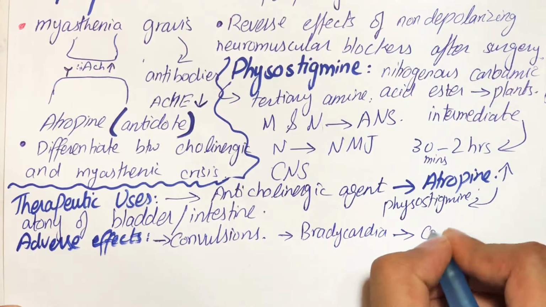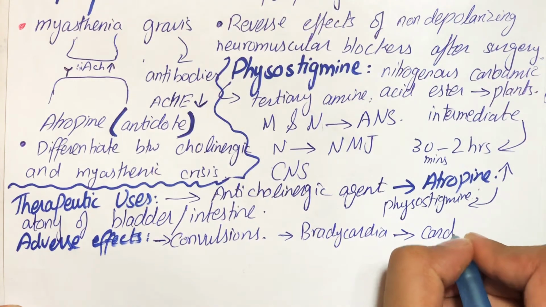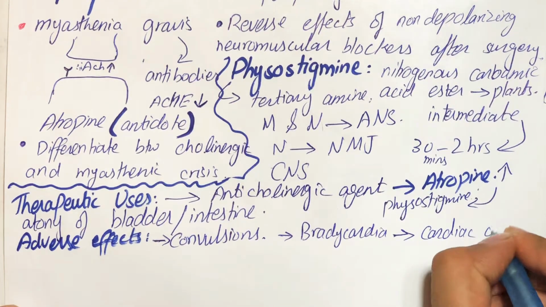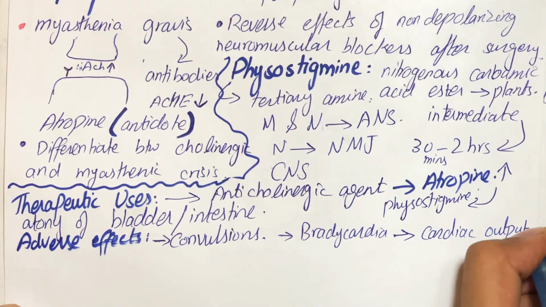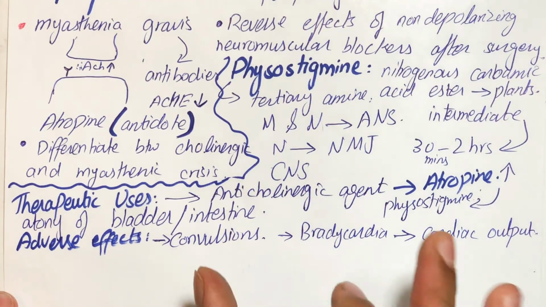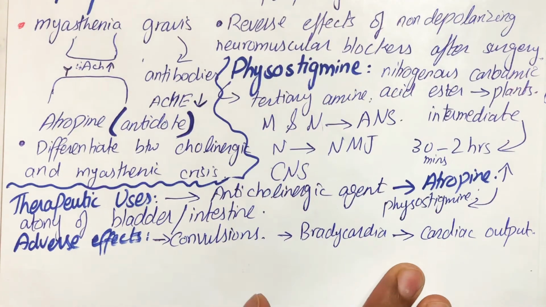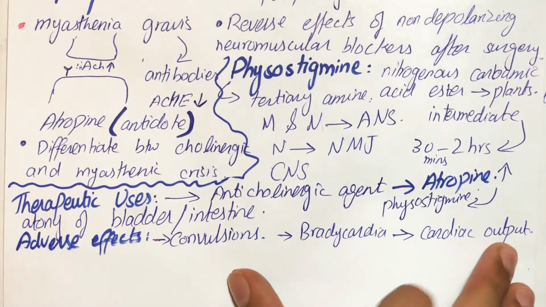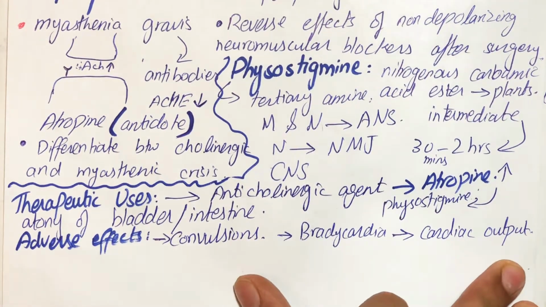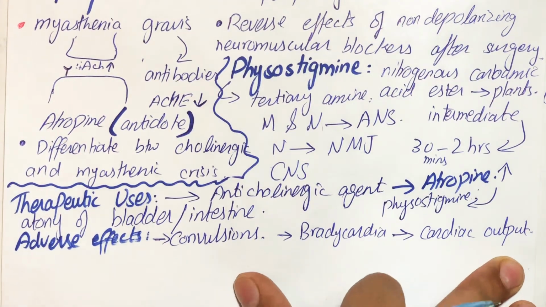It can also cause decrease in cardiac output. But remember, all of these are being caused when they are given in higher doses. At therapeutic doses, these adverse effects are rarely seen.